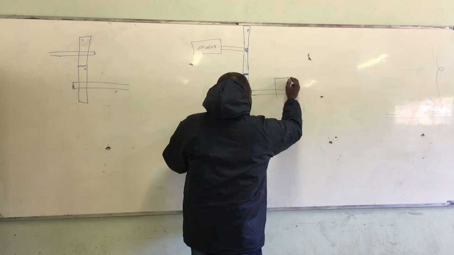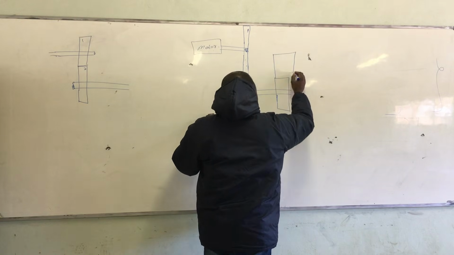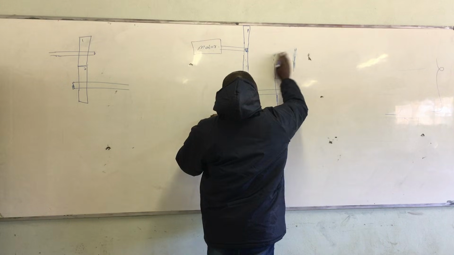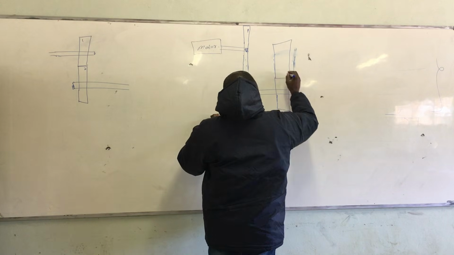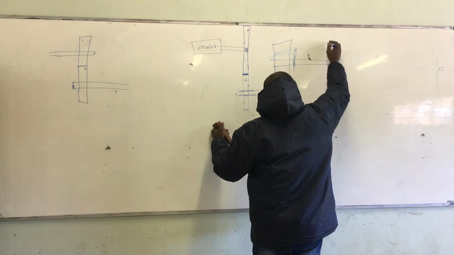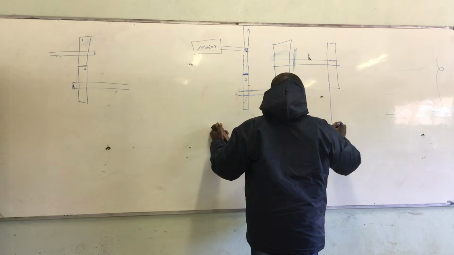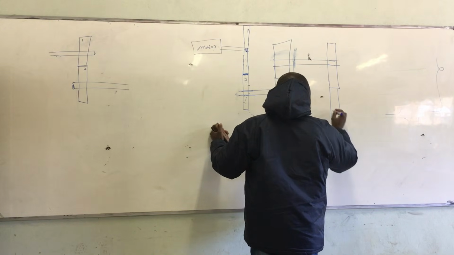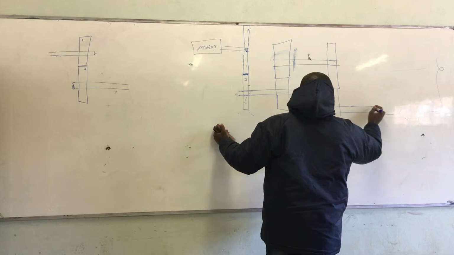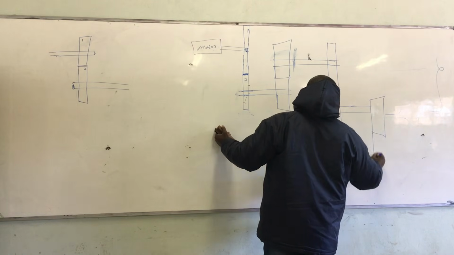You have this gear, which is driving this gear, which is driving that gear. This gear is connected to the same shaft as this gear, and this gear is connected to that gear. We have this gear again connected to this gear.